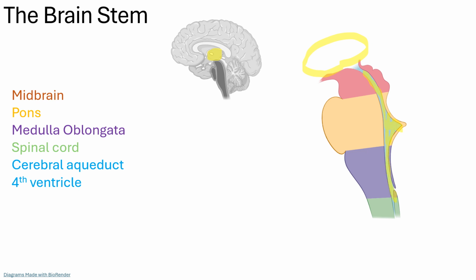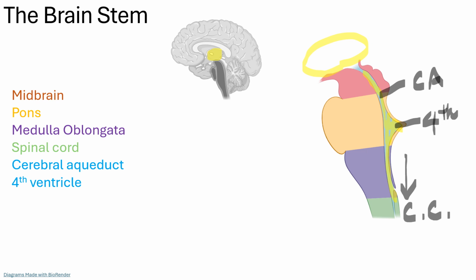The central aqueduct is superior in this picture. This would be the central aqueduct right here. This is the fourth ventricle right here, big wide open space. And then we have the fourth ventricle transitioning into the central canal as we transition into the spinal cord.